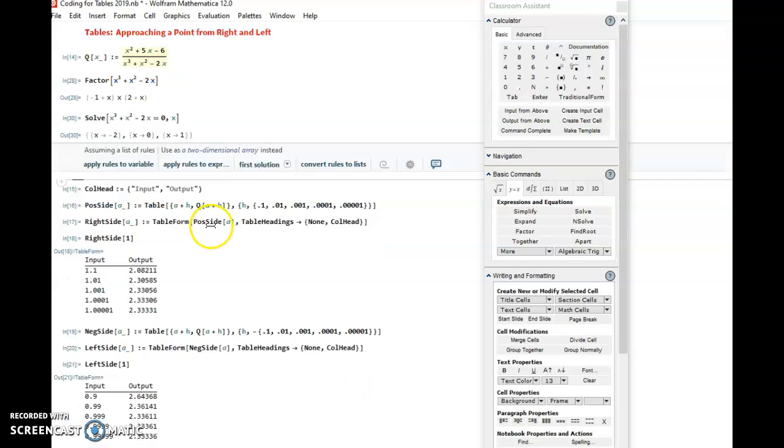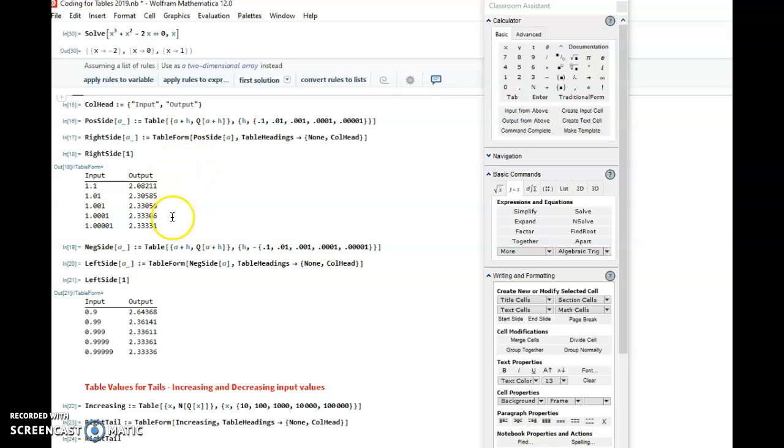So what these limit tables show us here is, if we look at this function as x approaches 1, it's giving us the numerical evidence to show whether there's a limit or not. As x is approaching 1 from the right side, you can see that the output of the function is approaching 2.3 repeating.